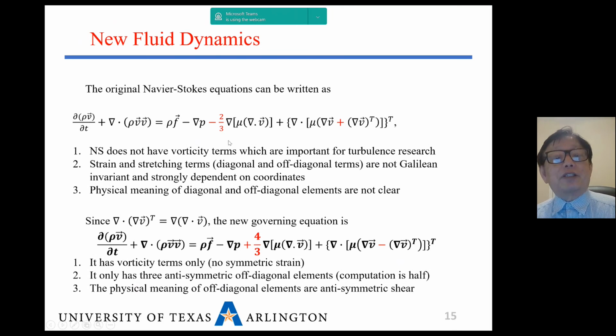Of course, they have some change in the divergence of velocity terms, so the negative 2/3 becomes positive 4/3. That's the new governing equations. They use vorticity only.